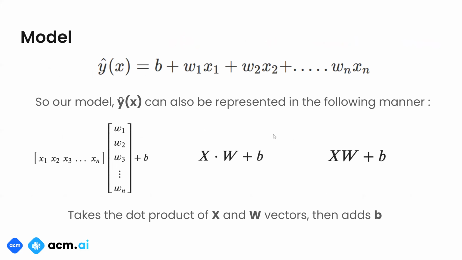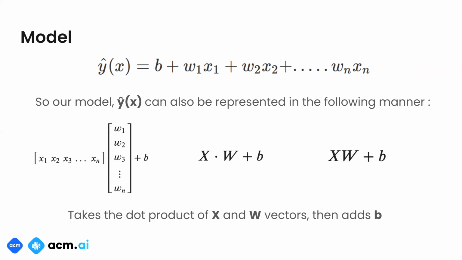Okay, so this is where the scary looking math comes in. So we have our original formulation of the model, y hat of x equals b plus w1x1 through wnxn. The way we can represent this in matrix notation or vector notation, as you prefer, is like this.